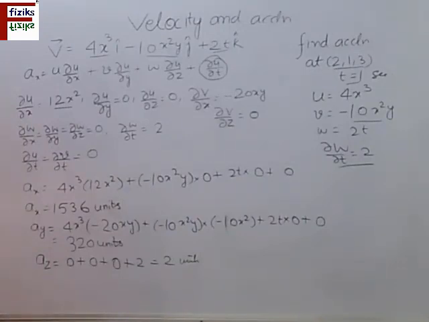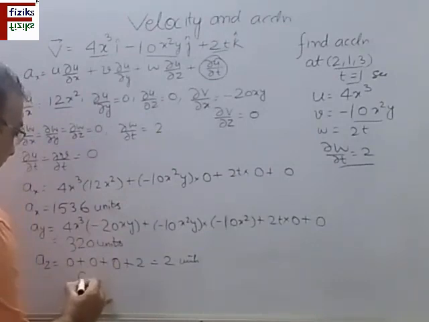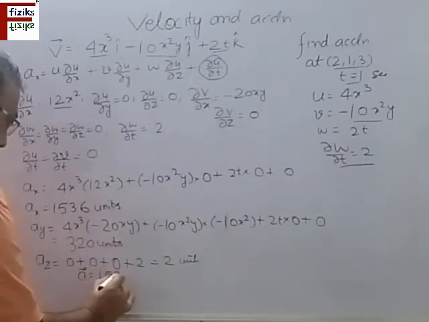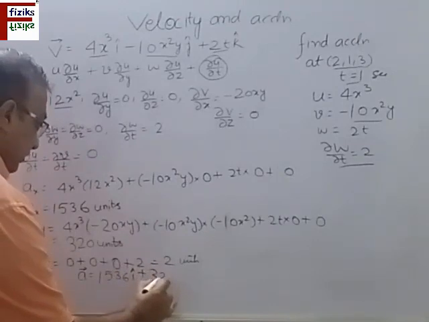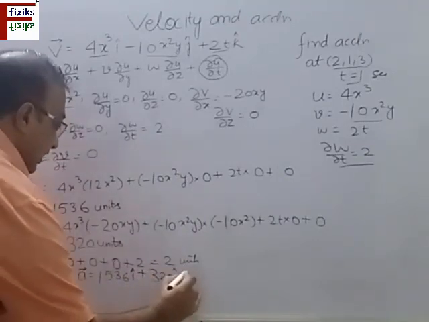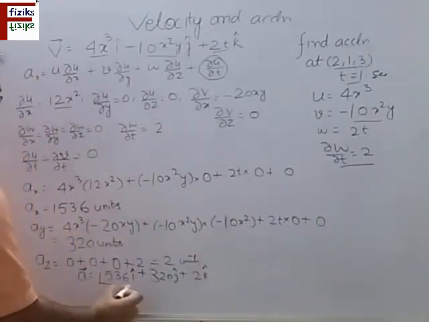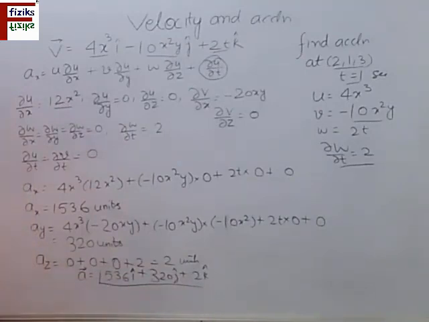So we can write the total acceleration as a equal to ax i plus ay j plus az k, that is 1536 i plus 320 j plus 2 k. And you can find the magnitude of this as the square root of ax squared plus ay squared plus az squared.